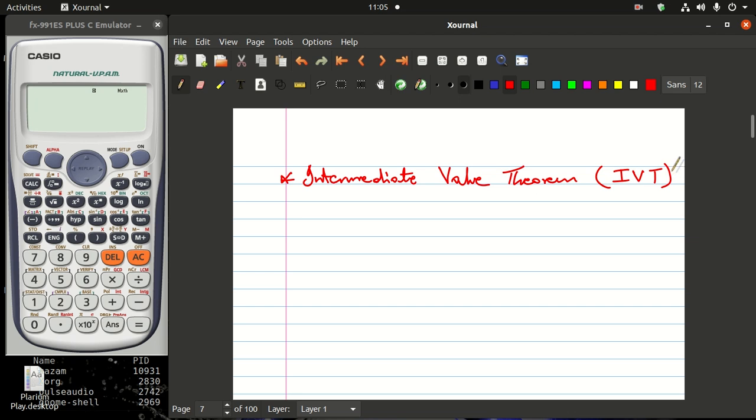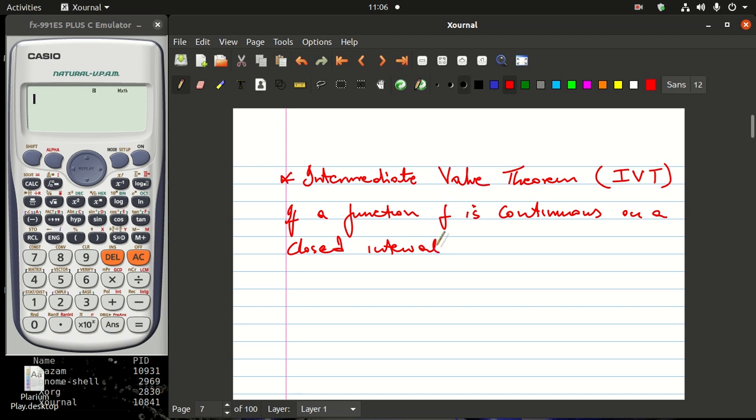What is it saying? If a function f is continuous on a closed interval, so I have a closed interval a and b.